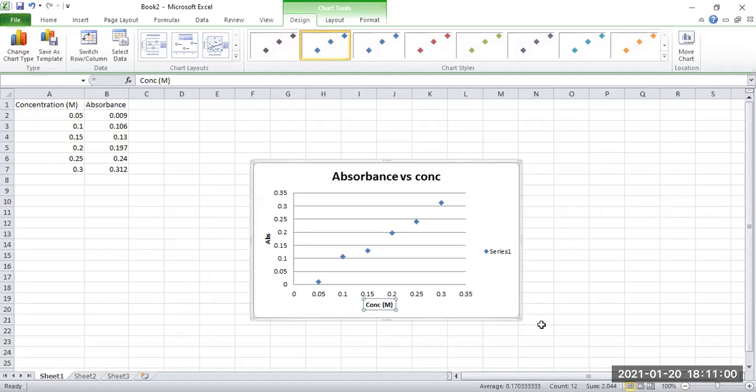So I need a line. Specifically, I need a line that is what is known as a least squares fit. Here's another description: it is a straight line that passes as close to as many points as possible.